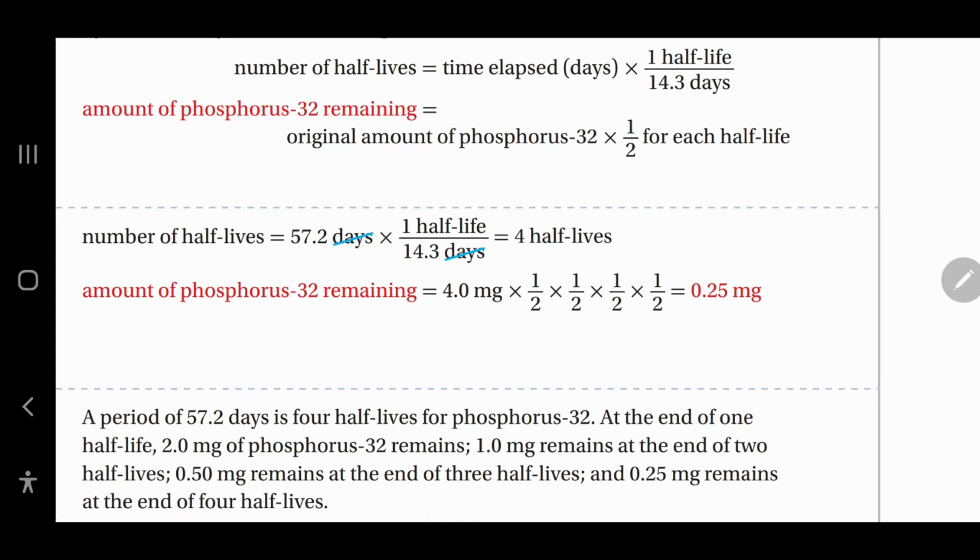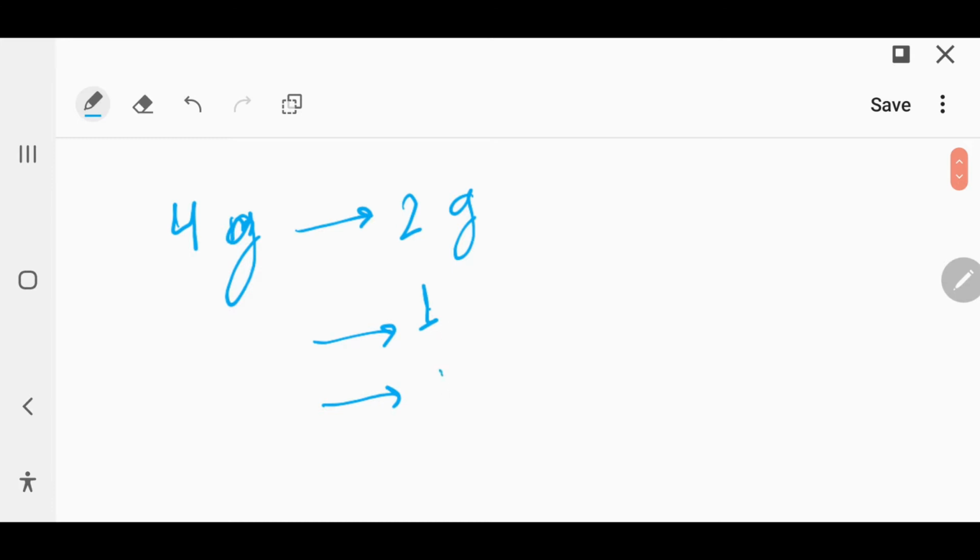Or, as you can see here, we start with 4 grams or milligrams, whatever. At the first half-life, half of this quantity will disappear, so we'll have 2 grams. At the second one, half of the 2 is 1. At the third one, half of the 1 is 0.5. And at the last one, which is the fourth one, we have 0.25 gram remaining.